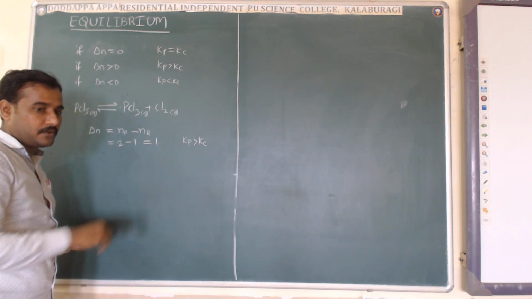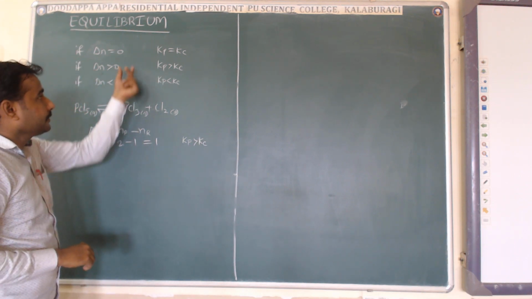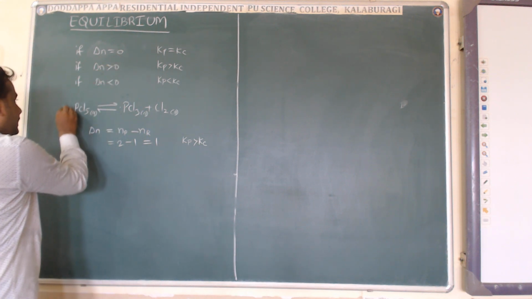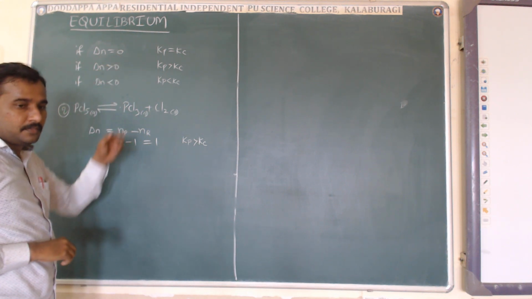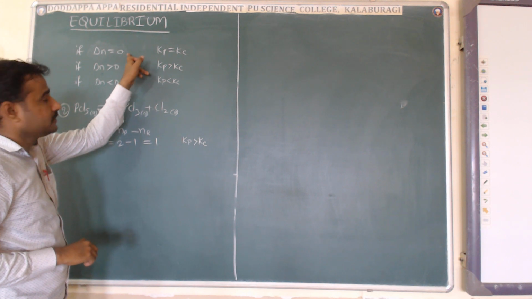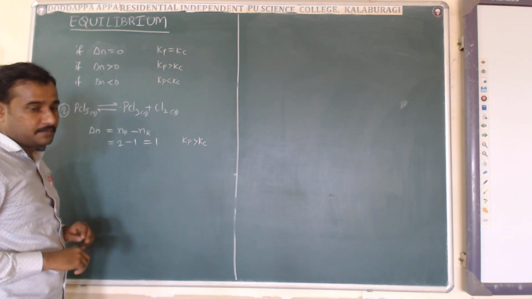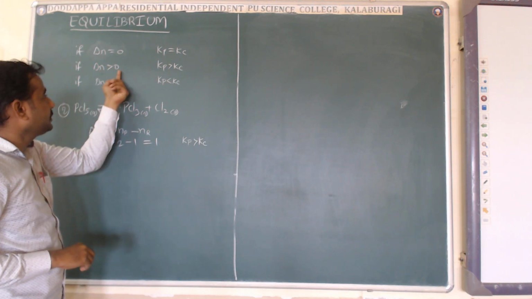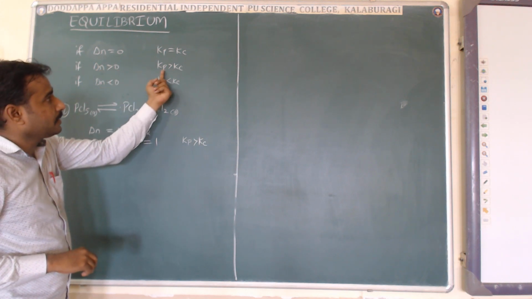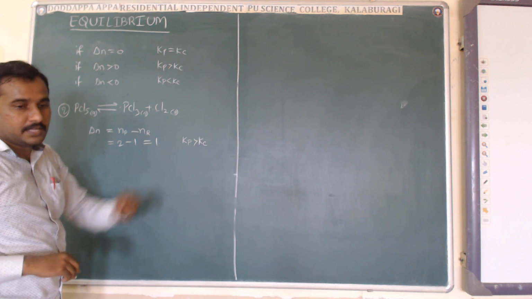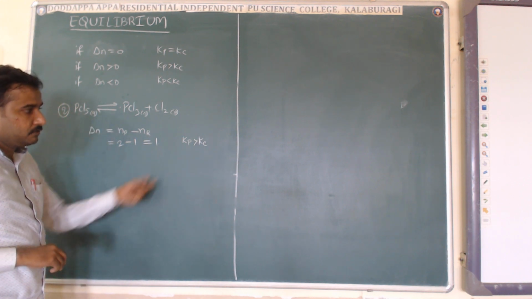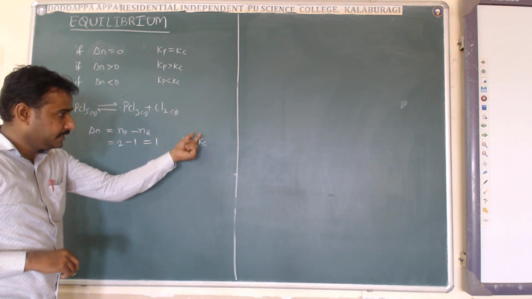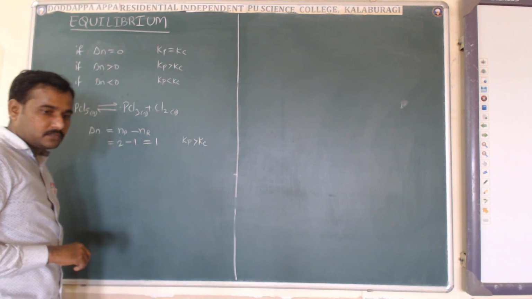In the last example we got 0, so delta n equal to 0 gave Kp equal to Kc. In this case we are getting 1, which is greater than 0, so Kp is greater than Kc in this reaction. The equilibrium constant in terms of partial pressure is greater than the equilibrium constant in terms of concentration.